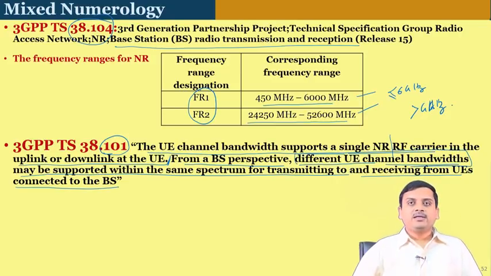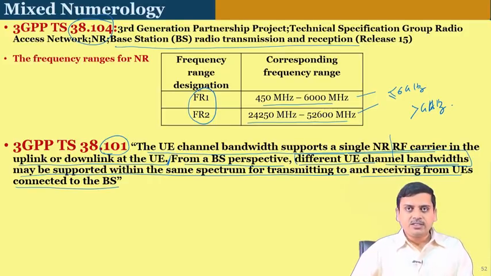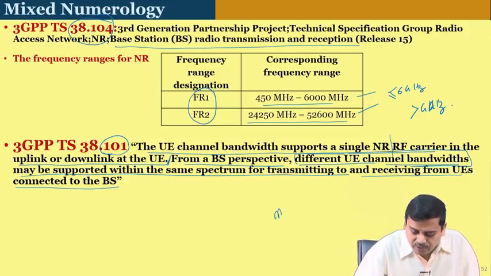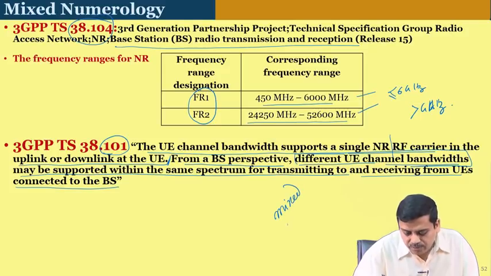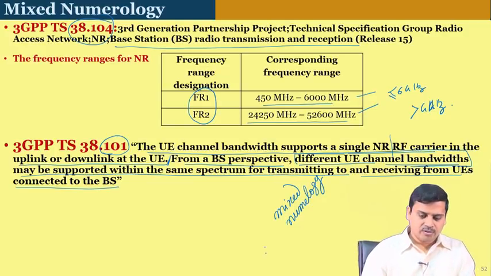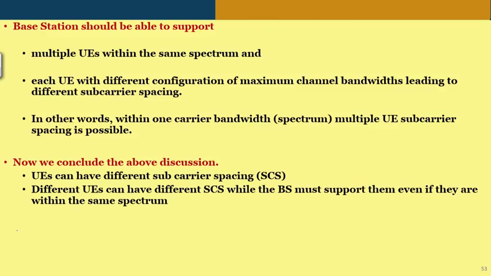Not only that, since each UE can choose a different numerology, the base station may be simultaneously supporting different numerologies together, and one would encounter a situation of mixed numerology. We will see how the structure fits in. The base station should be able to support multiple users within the same spectrum.